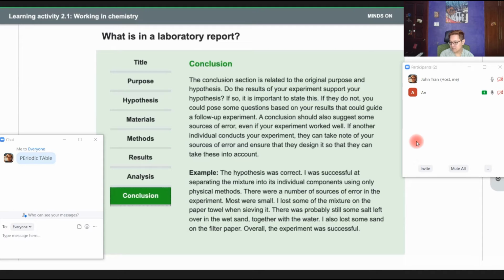I lost some of the mixture on the paper towel when sieving it. There was probably still some salt left over in the wet sand, together with the water. I also lost some sand on the filter paper. Overall, the experiment was successful.